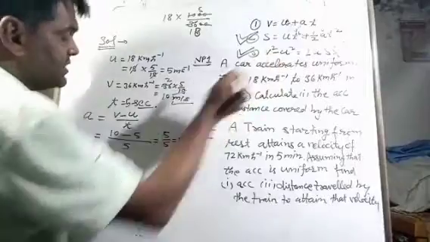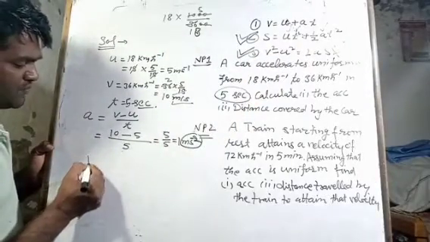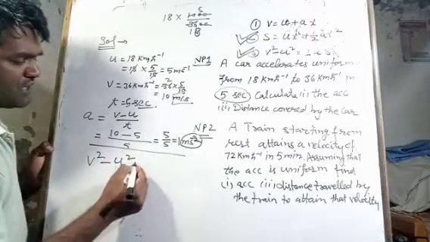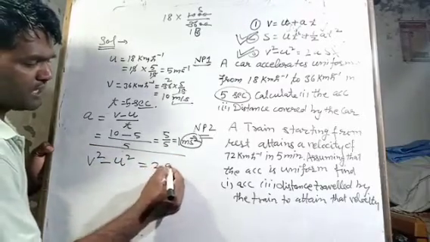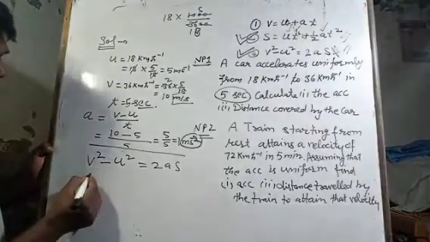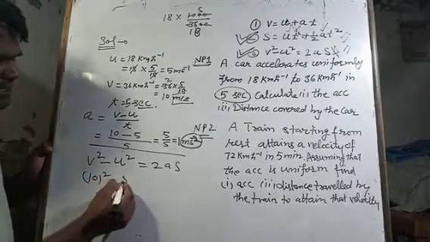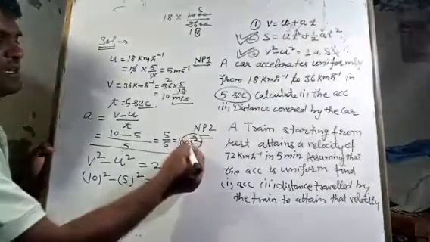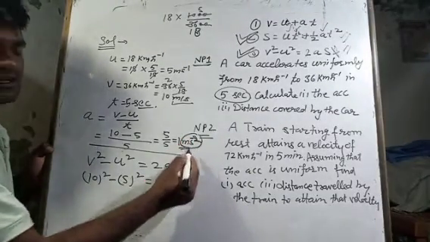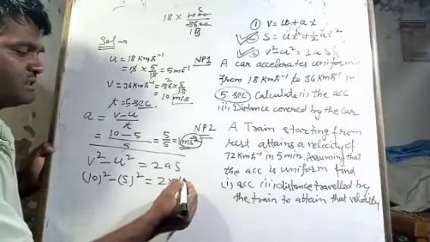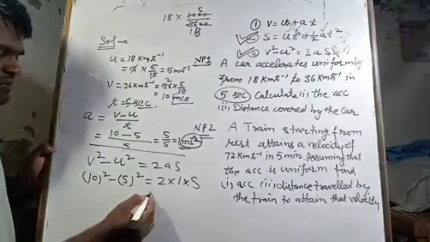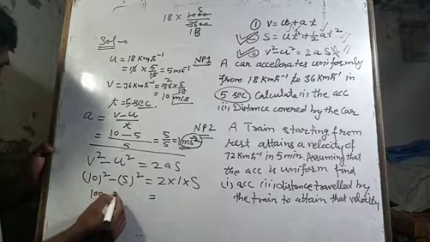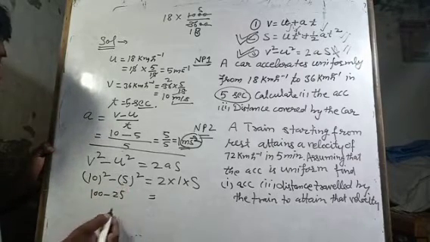First, let's use this one. To find the distance traveled, use this formula: v square minus u square is equal to 2as. So put all the required values. v was 10, u was 5, and acceleration is 1, which we have just calculated from here, and distance we need to calculate. So square of 10 is 100, minus square of 5, 25.